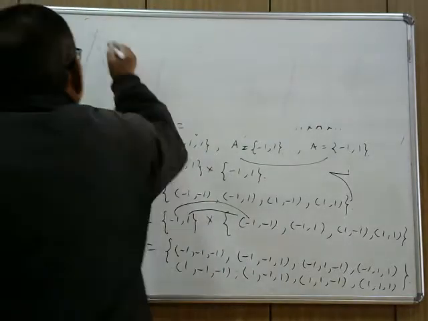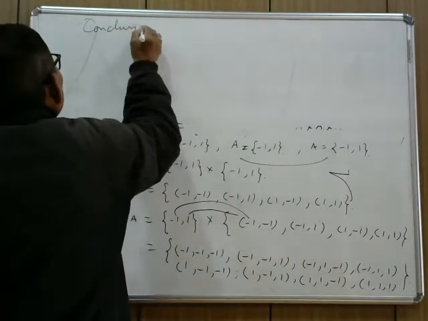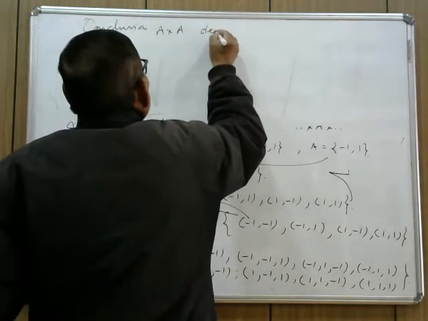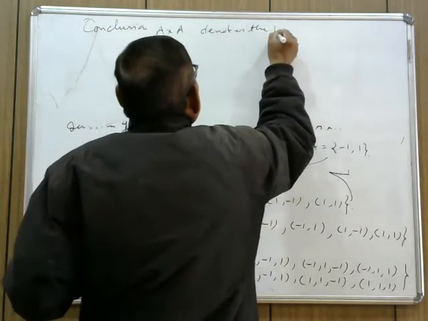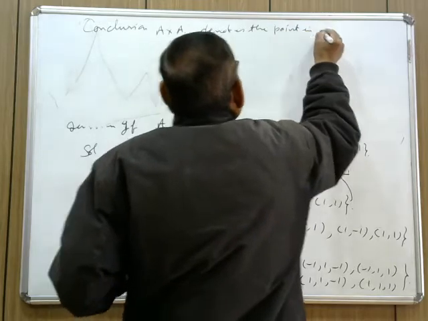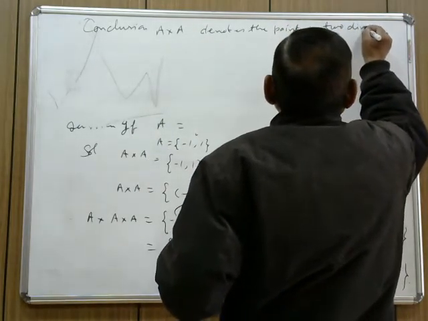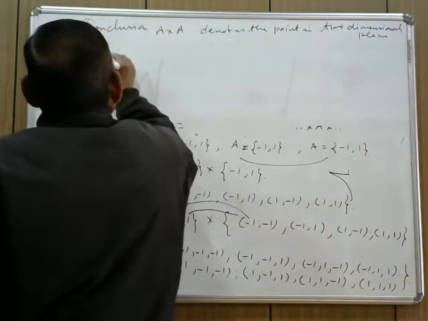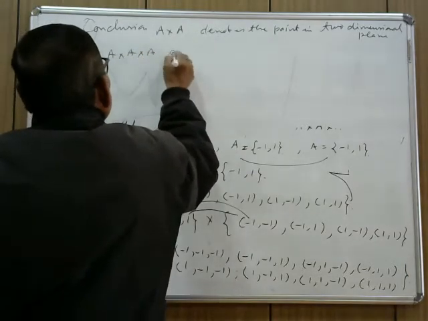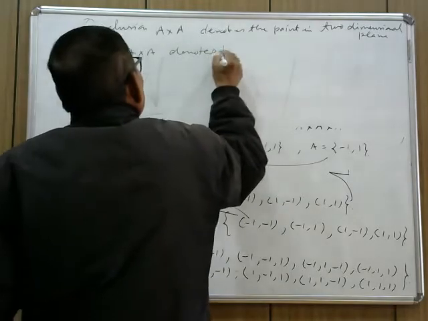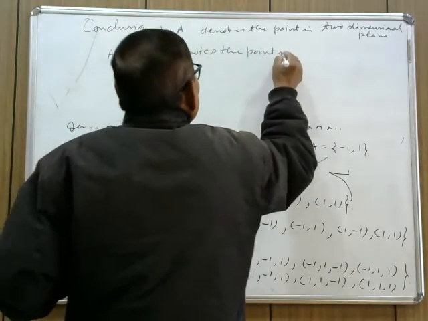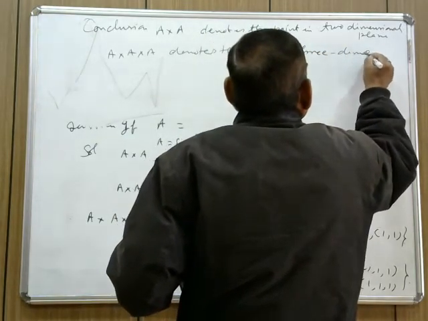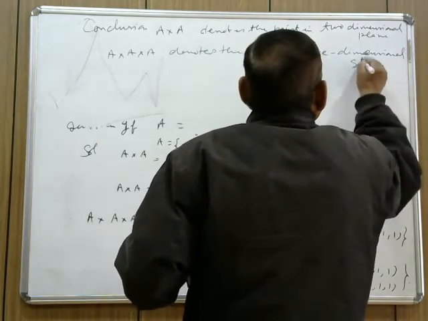Conclusion: A cross A denotes the points in a two-dimensional plane, and A cross A cross A denotes the points in three-dimensional space.